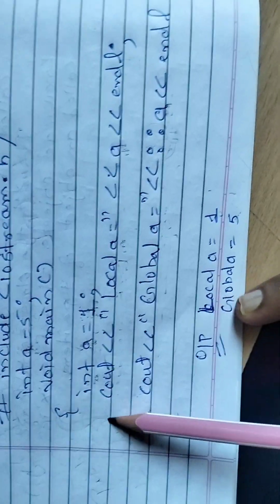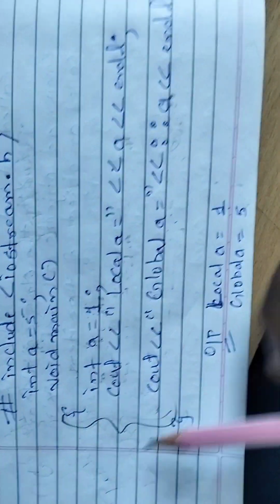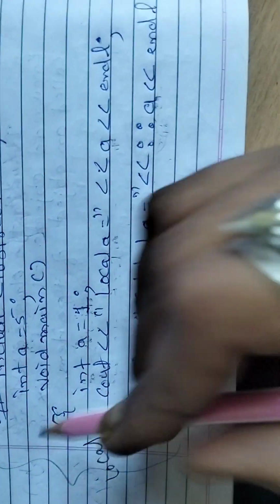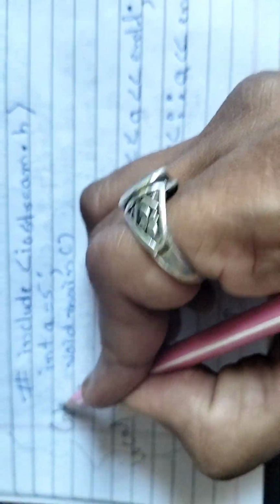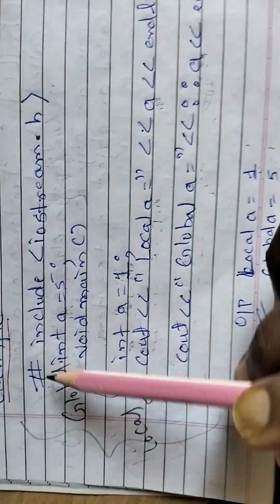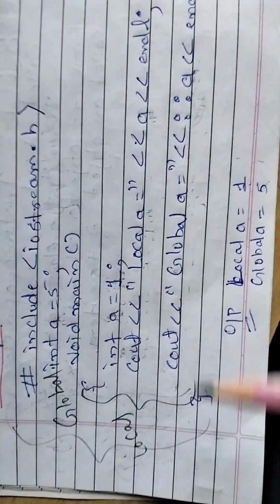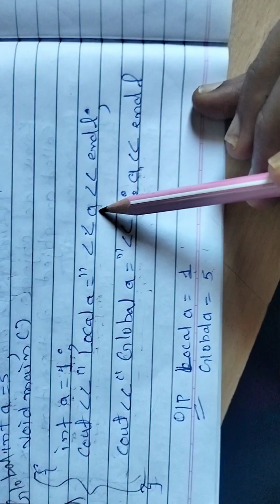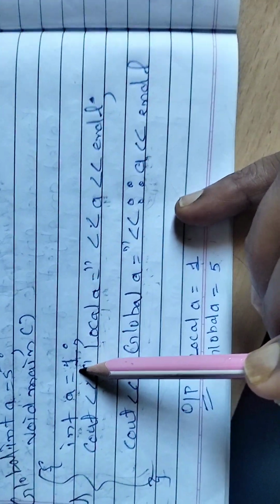Now this portion is called local, and this is global. This portion is local and this is total global. Now we know that this is the cout. This a will only access the local data.